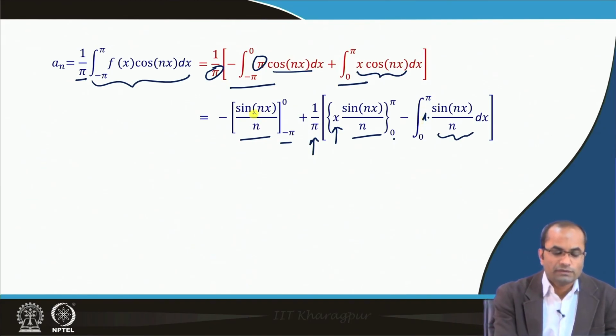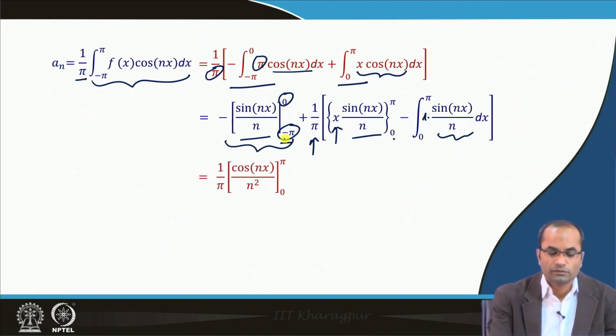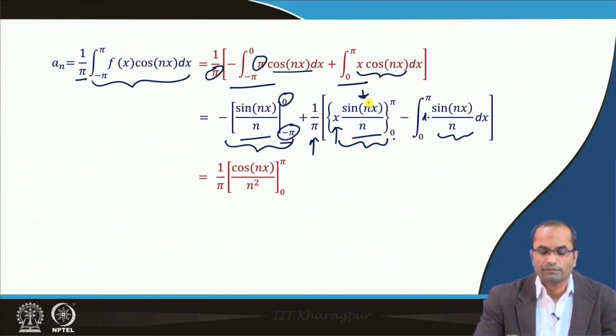So, in the first term, sin will become 0 at the upper limit, and for pi also this will become 0. So, from the first term we are not getting anything, it is 0. From this second term also, because of this sign here at pi and 0, this will again become 0, and the last term will contribute.